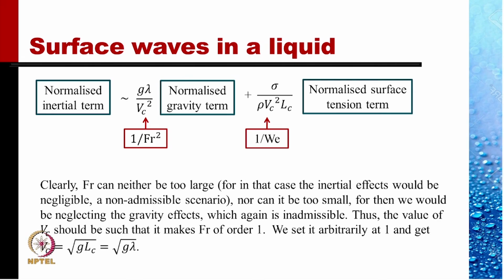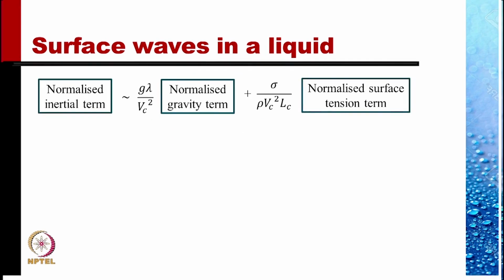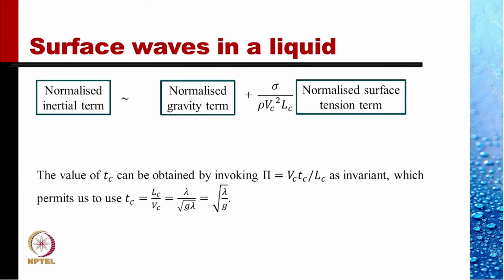If we use this as a characteristic velocity, then there would be only one parameter left, and that would be the Weber number. Once we know the value of Vc, we can obtain the value of the characteristic time, invoking pi Vc Tc over Lc as invariant, which permits us to use Tc equal to Lc divided by Vc, which is lambda divided by under root g lambda, or under root lambda by g.